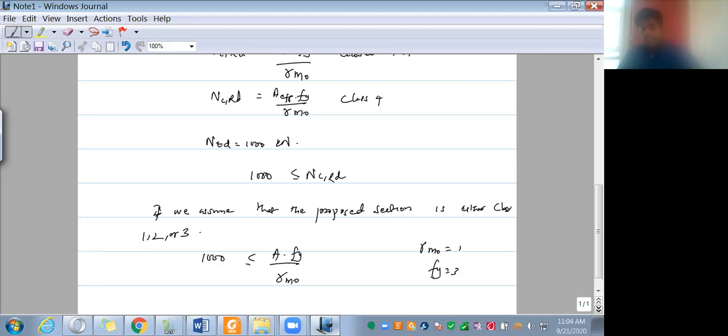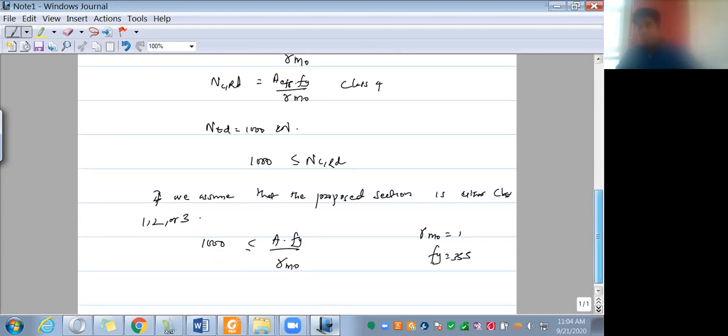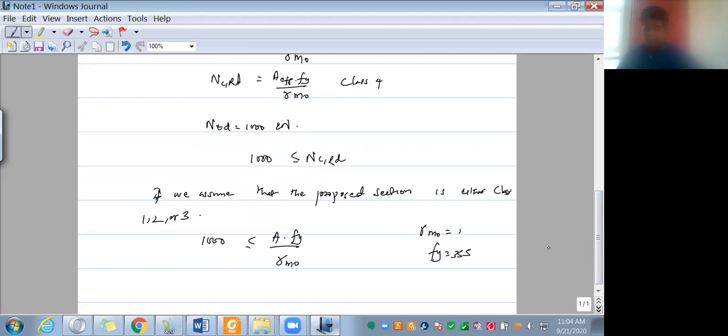Fy is 355 if the thickness of the plate is less than 16 millimeter. So if we substitute them, 1000 into 10 to the 3 in Newton, less than or equal to A into 355 over 1.